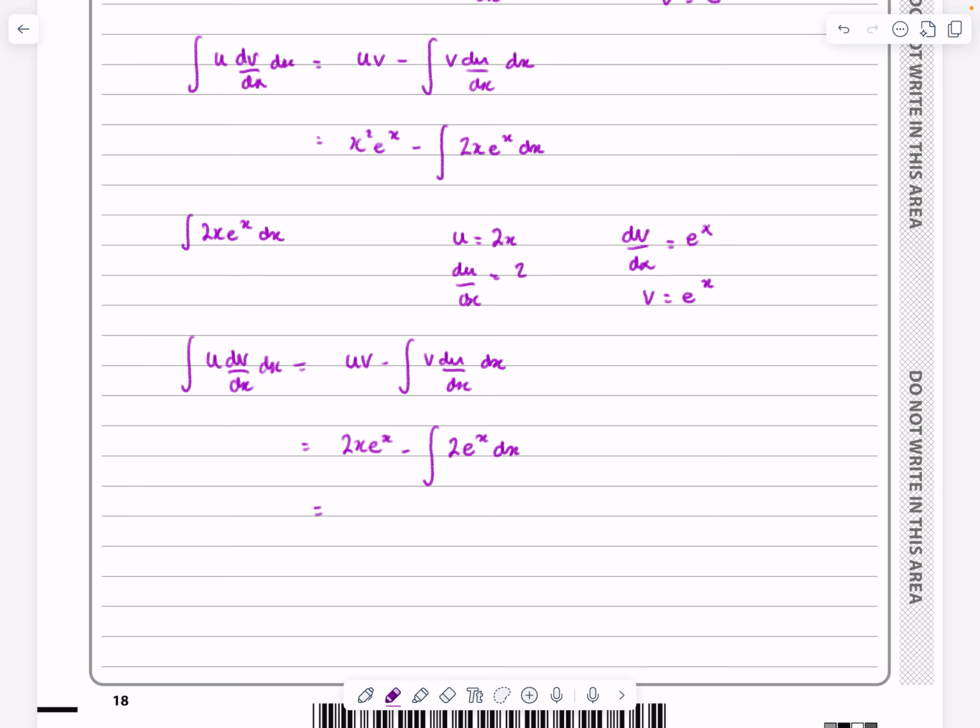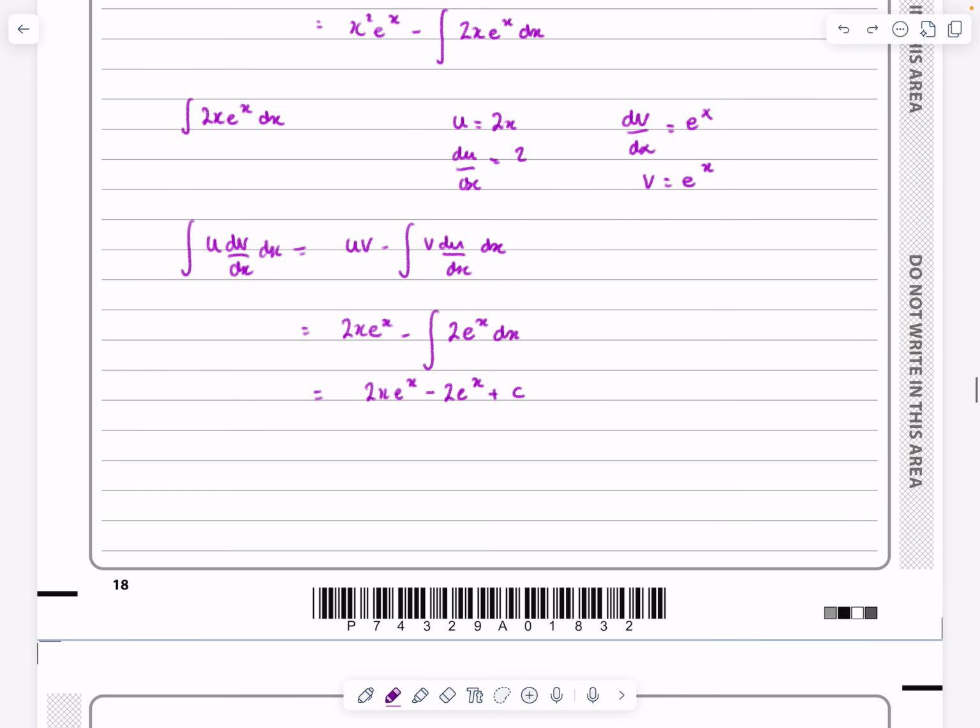So tidying that bit up is 2x e to the x, and the integral of 2e to the x is 2e to the x, plus my constant here. So what I've done, that part there is that part there, and I know that my actual answer is going to be x squared e to the x minus this part here. So just make sure you're being careful with doing this, which, as I say, if you've done a little bit of practice, shouldn't be any problem at all to you.